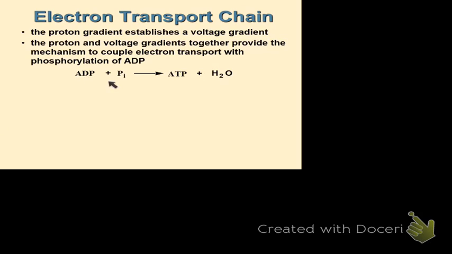But it's ADP plus an inorganic phosphate, which we can get from either the hydrolysis of other types of ATP or the hydrolysis of inorganic pyrophosphate. And it makes ATP in water. Technically, the water can also come from the oxygen from before. Okay.